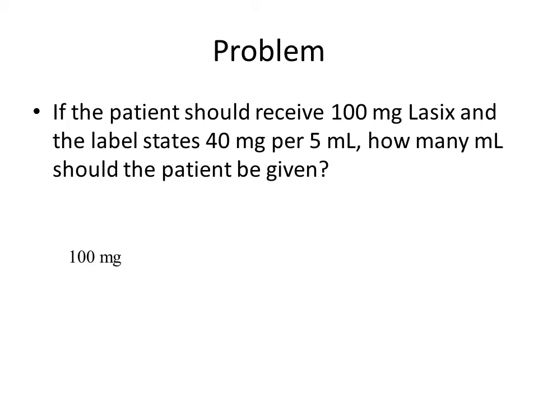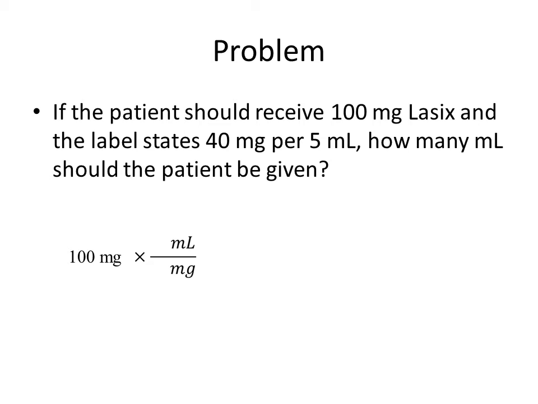To start this problem, we start with the dosage, which is 100 milligrams of Lasix. Next, we recognize that in the problem a concentration is given. This gives me a conversion factor of either 40 milligrams per 5 milliliters or 5 milliliters per 40 milligrams. I need to cancel out milligrams and go to milliliters, so I need to set up my fraction so that milligrams is in the denominator and milliliters is in the numerator.